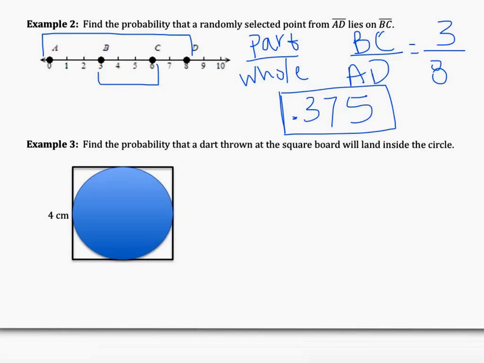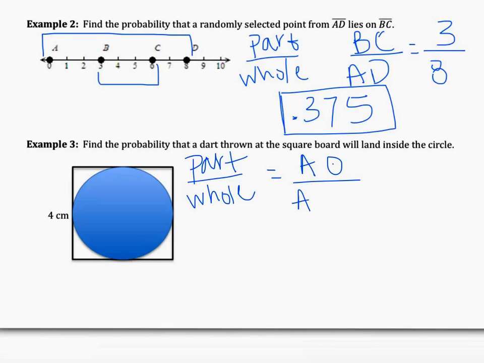Okay, so we want part over whole. The part that we want is the circle. We want our dart to land inside of our circle. So we want the area of the circle divided by the whole, which is the area of the square.